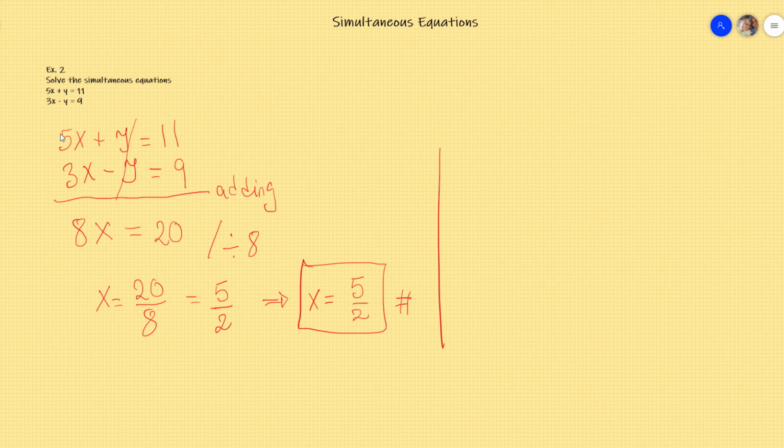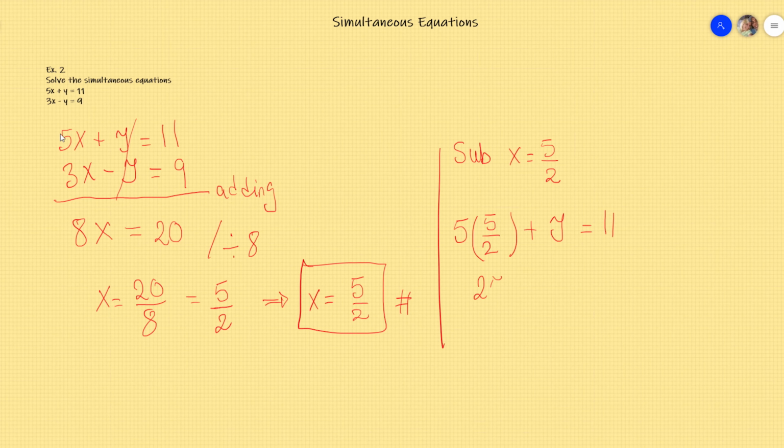Then by substituting x equal 5 over 2 in any equation, so 5 times 5 over 2 plus y equal 11.